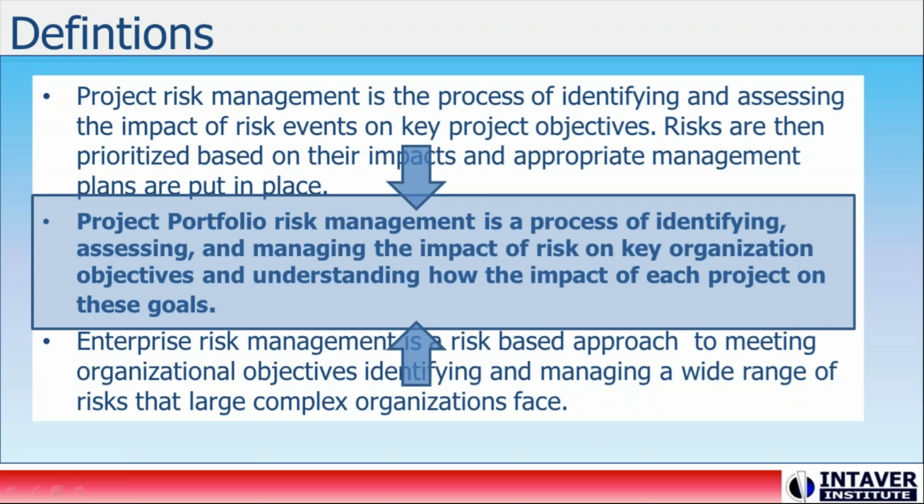It's a process of identifying, assessing, and managing the impact of risk on key organizational objectives, and understanding the impact of the risks on each project on these larger organizational goals, whether they be capital expenditure, regulatory, reputation, etc. The difference between the two is that it's really a bottom-level approach, where we look at the risks at the project level, and we can start to roll them up the chain to program and even portfolio levels, to see how all of those risks from the projects are going to be impacting us at our portfolio level.